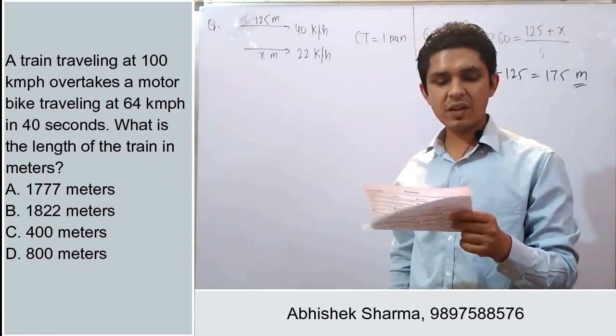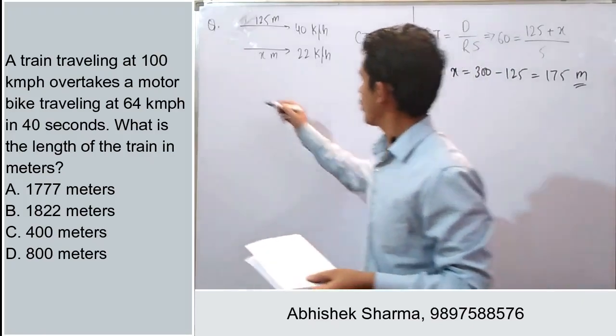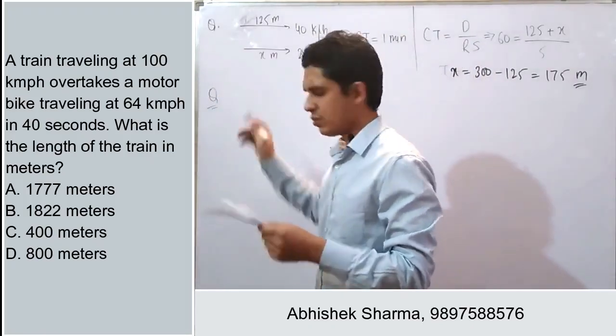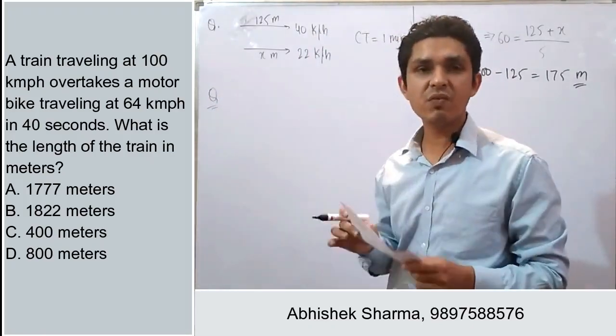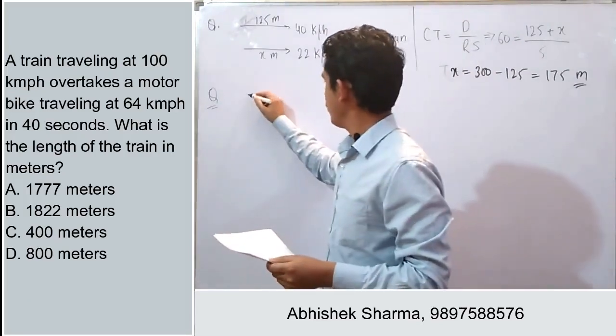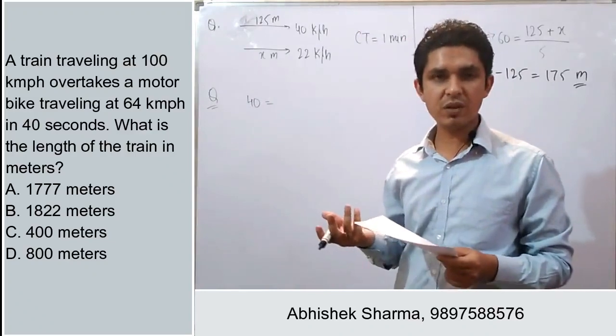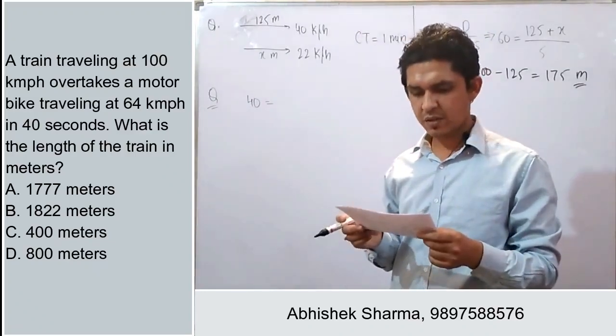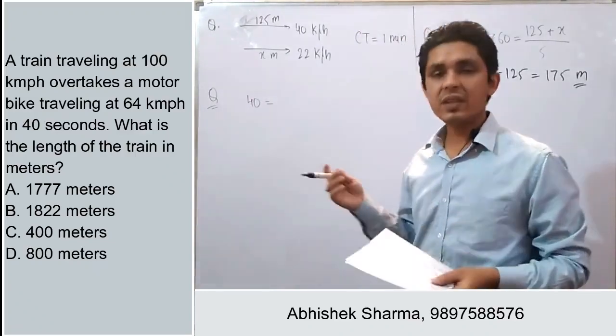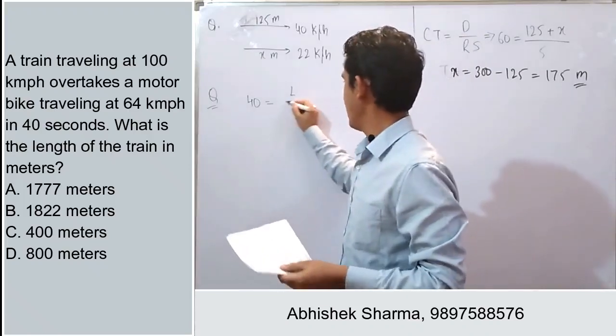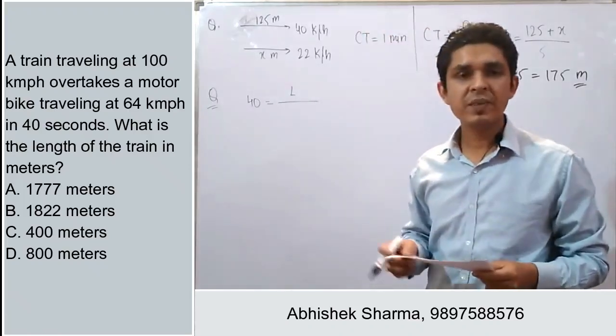What is the length of the train in meters? Okay. So crossing time, we can use the formula. Crossing time is given 40 seconds and we have to find the length of the train in meters. Okay. So we don't have to convert further. 40 second is equal to the length of the train, suppose L, divided by.